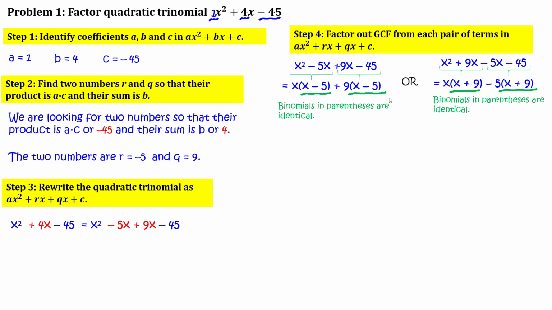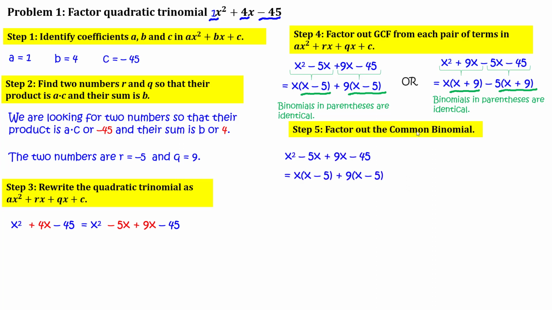Actually, both of these will lead you to the right answer as long as whatever you have inside the parentheses is identical to each other. So not between the two problems, but within one problem. So x minus 5 equals x minus 5, x plus 9 equals x plus 9. Your answer is going to be the same. All right, so I'm going to proceed. Step 5, let's say we went with the left answer here.